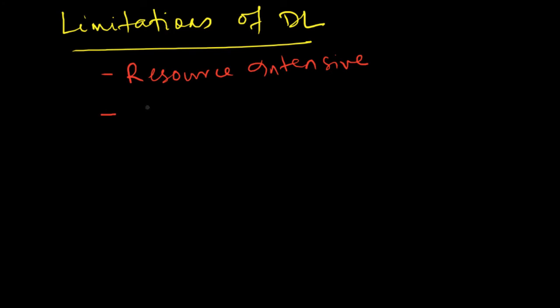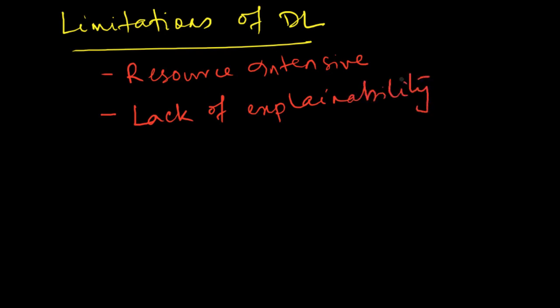The second very important limitation or criticism of deep learning is the lack of explainability. So what happens is that, in the case of classical machine learning, although it is difficult to figure out the exact function which the machine learning algorithm is using, at least you know what features it is using.